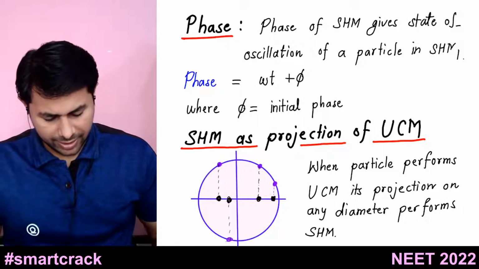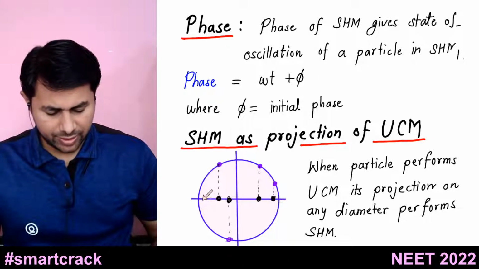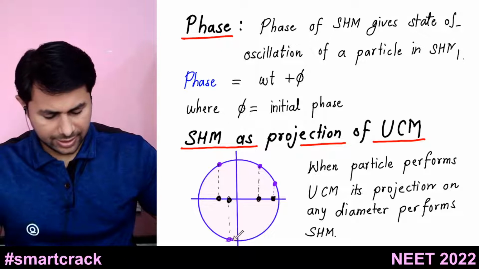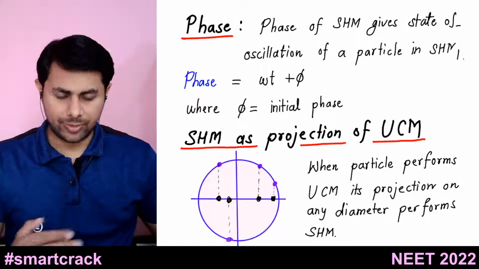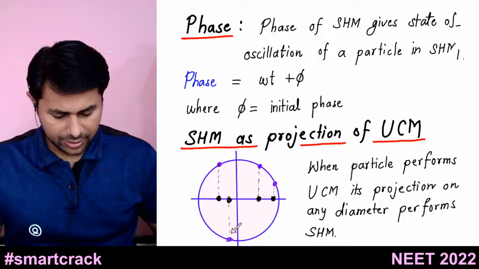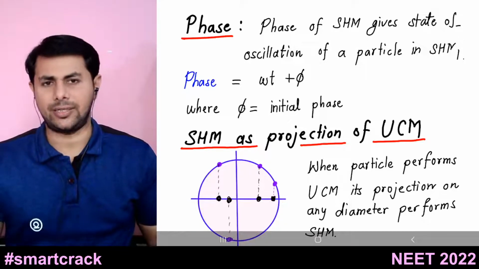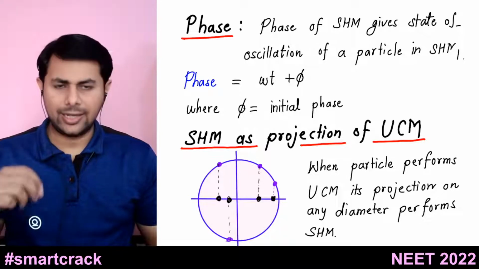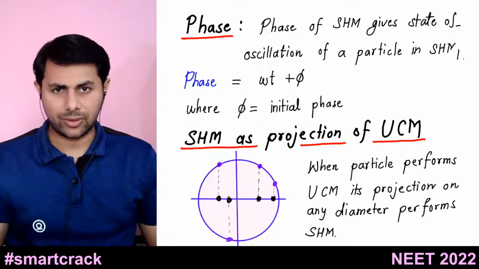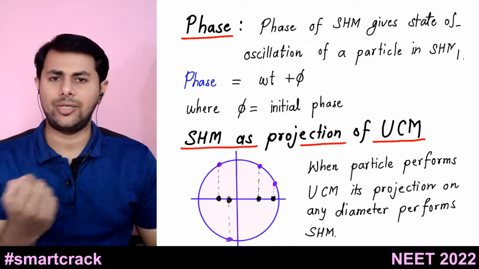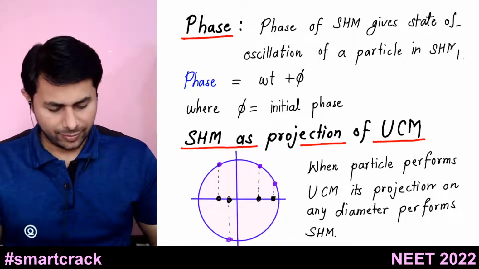So as the particle moves like this, its projection is moving towards the left. As it performs the other half of the circle, its projection is moving towards the right. Okay, so as a particle performs uniform circular motion, its projection on any diameter performs what? Oscillations.